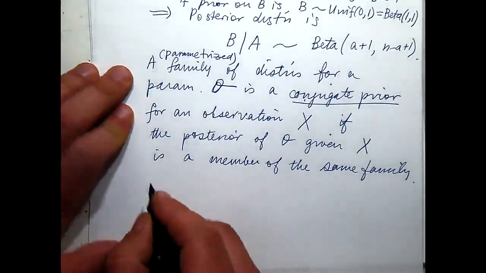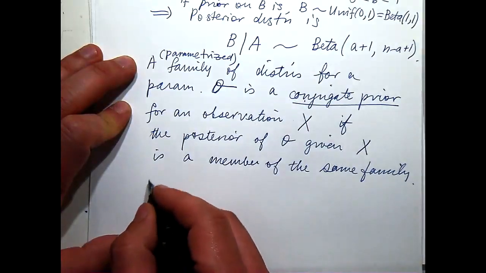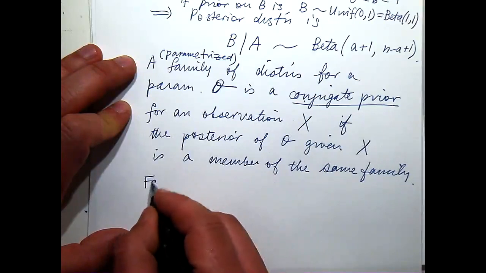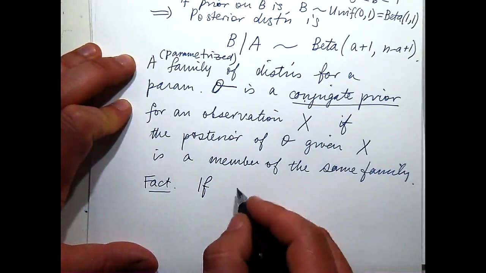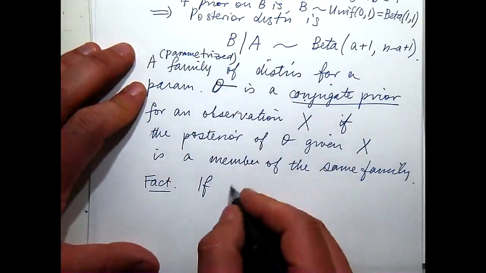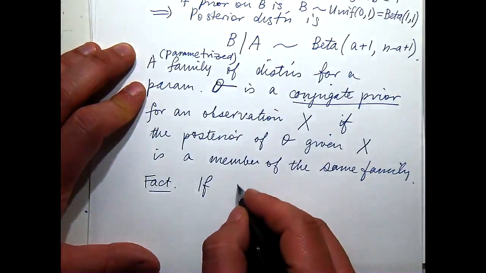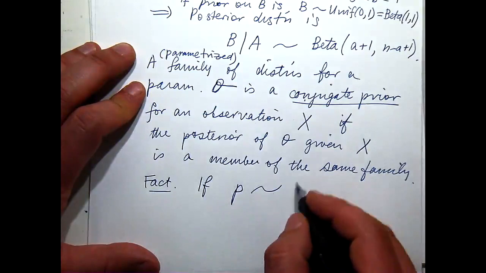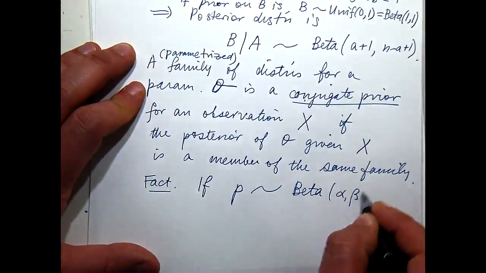So let's, to formalize that example, I'll write it as a fact. Okay. If I'm now going to do the parameter calling. I'm going to call the parameter p because that's natural for a probability. So p has a distribution of beta, alpha, beta.